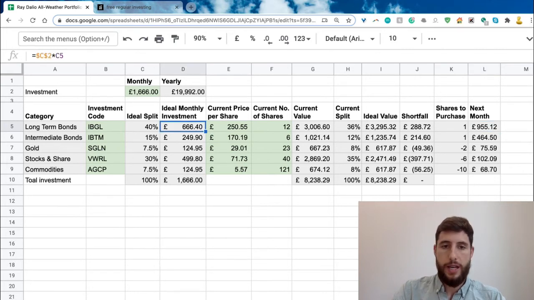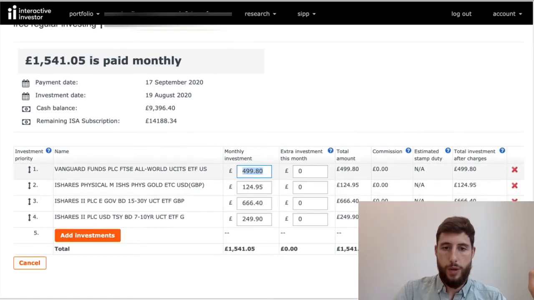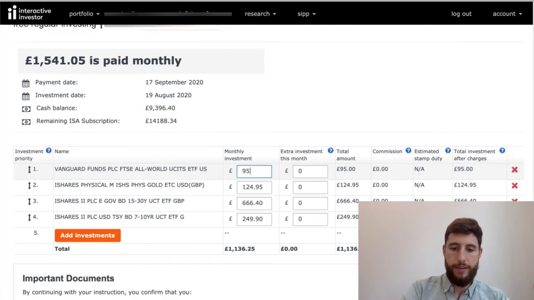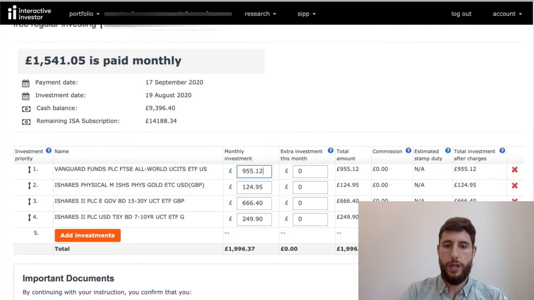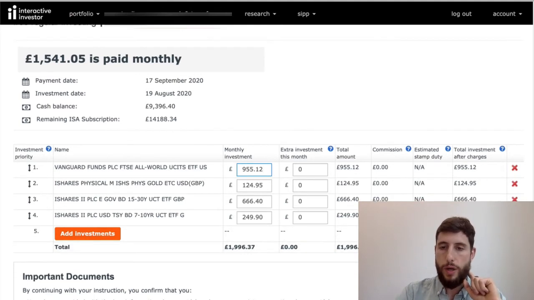Because by doing that, it's your normal 666 plus the shortfall of 288, 955. So what we can do is just put in 955.12, and there you have it. What it will do is next month it will go through and it will look to purchase as many shares as it can with that amount of money.